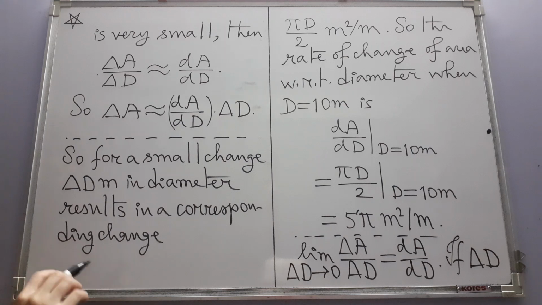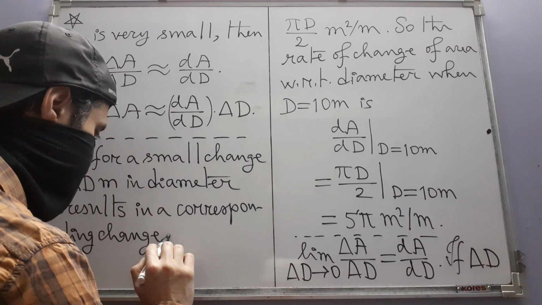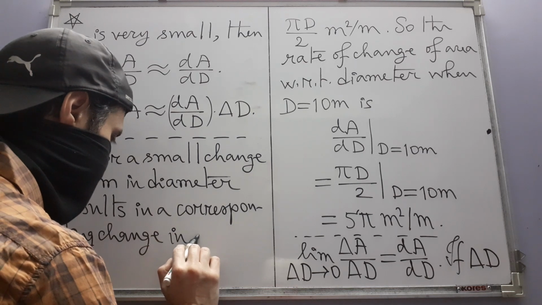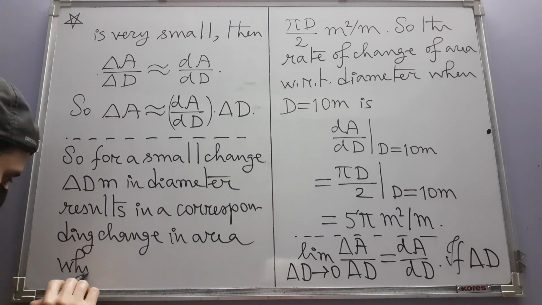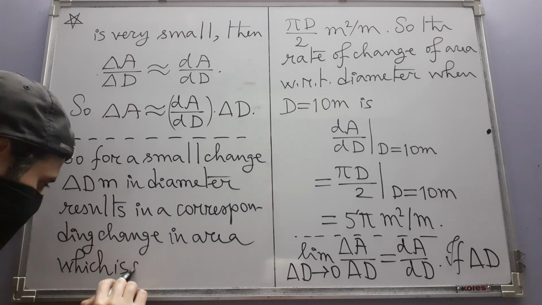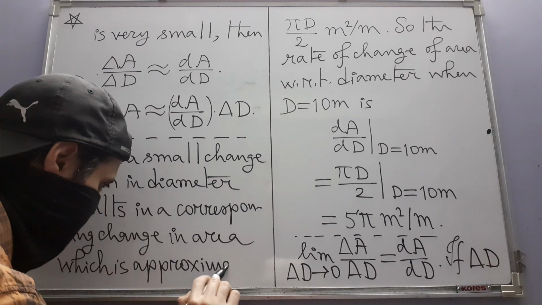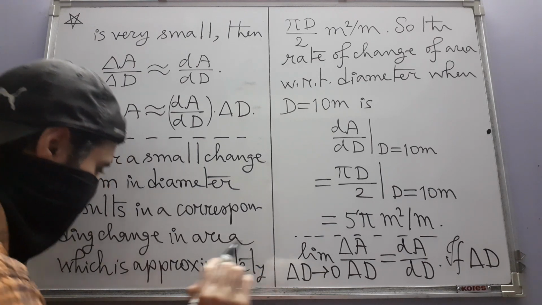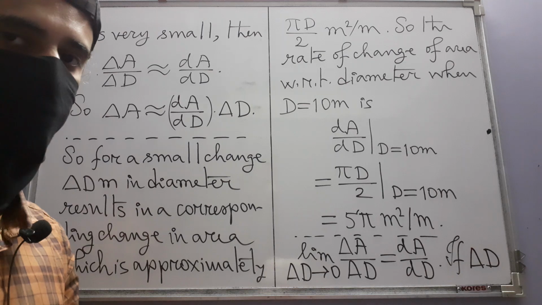These are not the exact words of the authors, okay, but they have the same meaning. Change in area which is approximately what? What is this value? 5 pi.